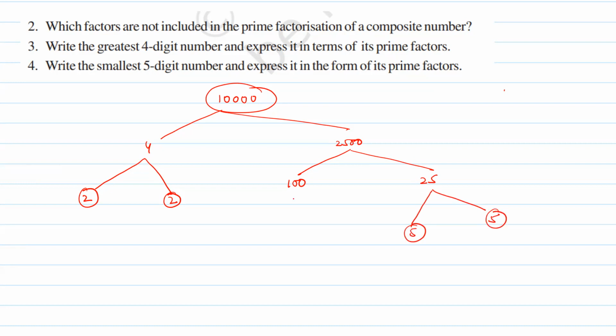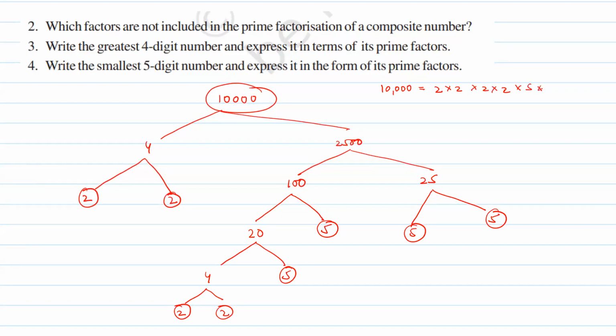Then for 100, we can write 20 and 5. This is a prime factor. Then 20 is 4 and 5, and this 4 is 2 and 2. So we can write 10,000 as 2 into 2 into 2 into 2 into 5 into 5 into 5 into 5. This is the prime factorization of the smallest 5-digit number.